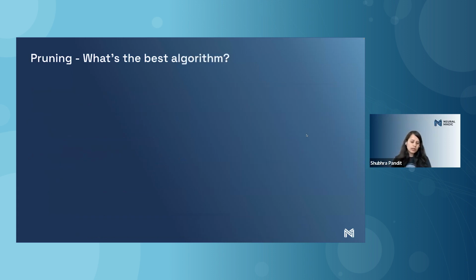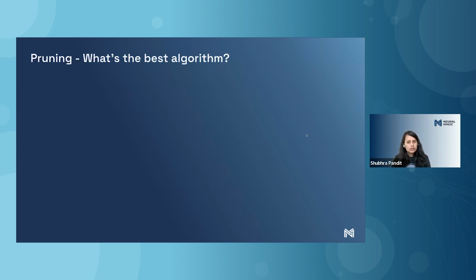Now that we found a good method for generating these sparsity profiles, we wanted to use training-aware methods to find a method that would maximize sparsity for a given accuracy recovery. And we chose the sparsity profiles using a one-shot approach, as I mentioned, because it's faster and we can try a lot of different methods out there.